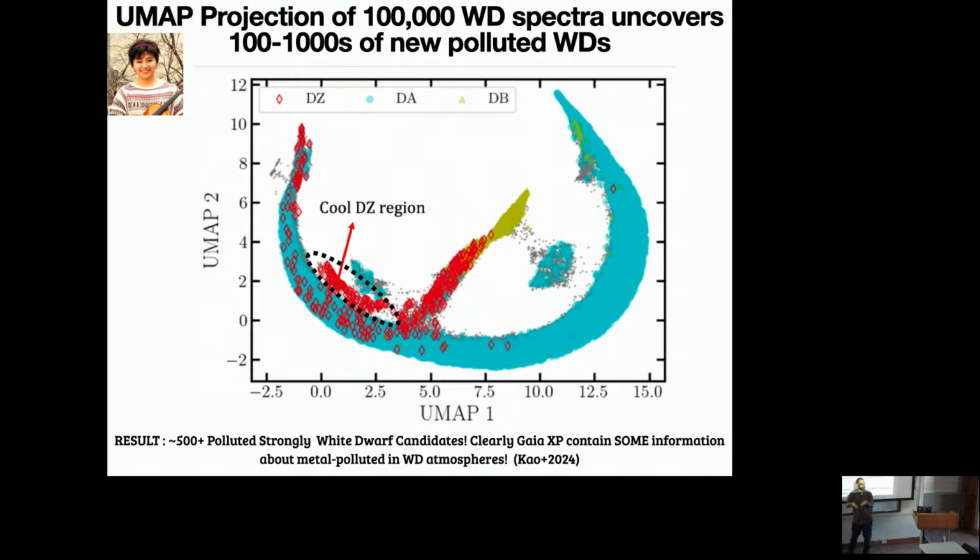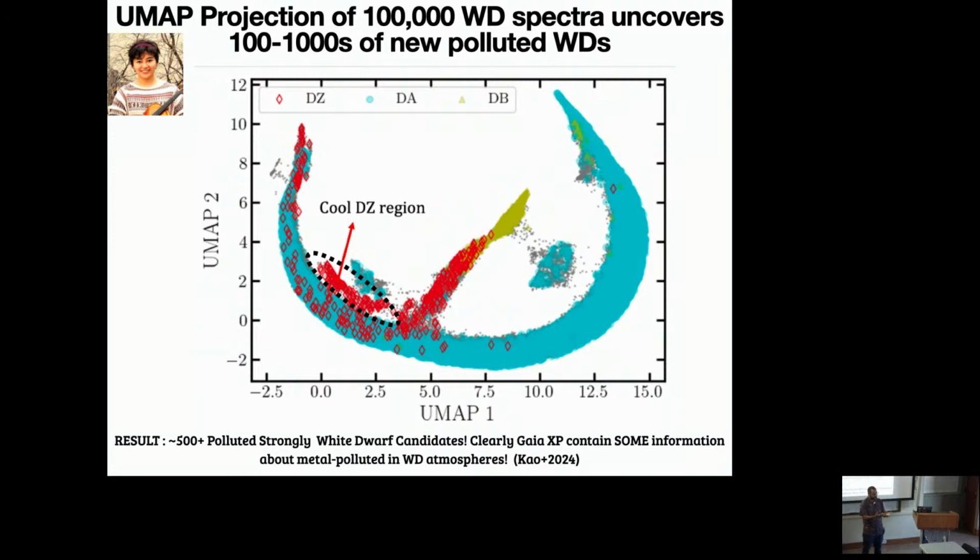So for that population, we're fine. The problem is the DAZs and the DBZs are mixed with the DAs and the DBs, and that makes sense. And so if we were to work with just DAZs and DBZs, because it would be very hard to distinguish between them, I think we would be pretty biased. So I think we do have to be careful about population level statements that we're making.